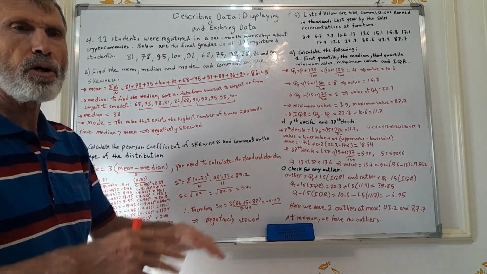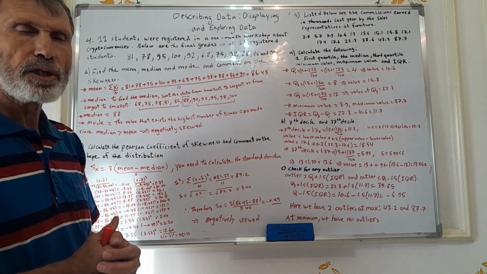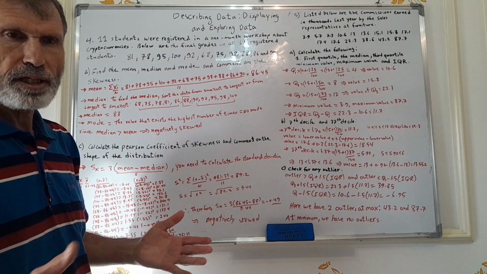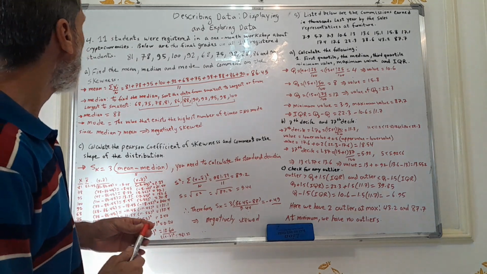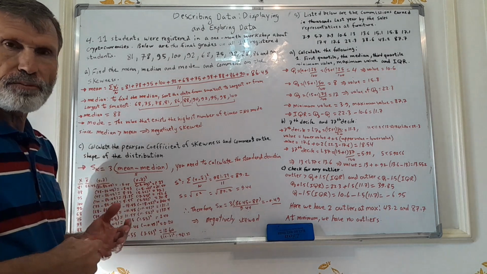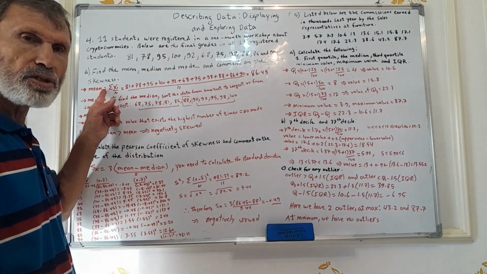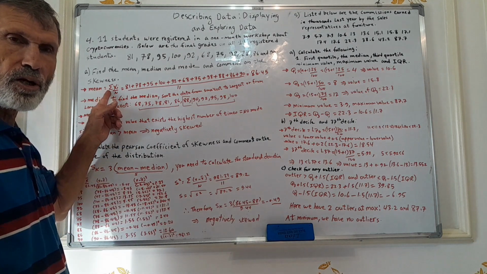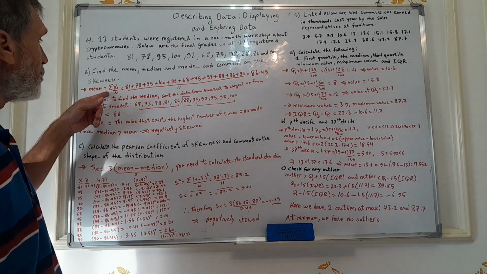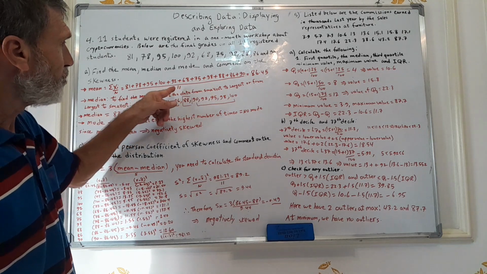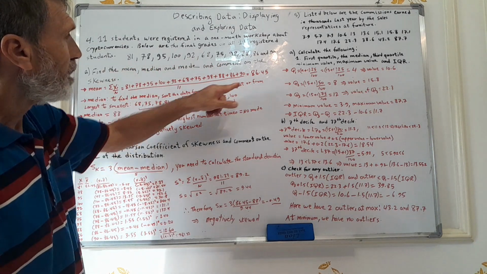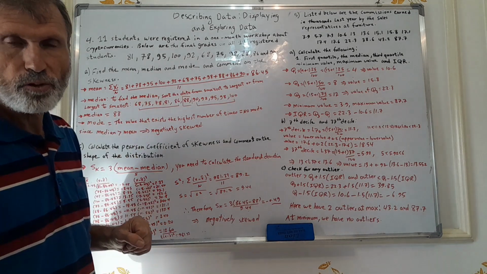For the mean, we use the summation of all observations over the number of observations. We add all of them, divide by 11, and come up with 86.45.